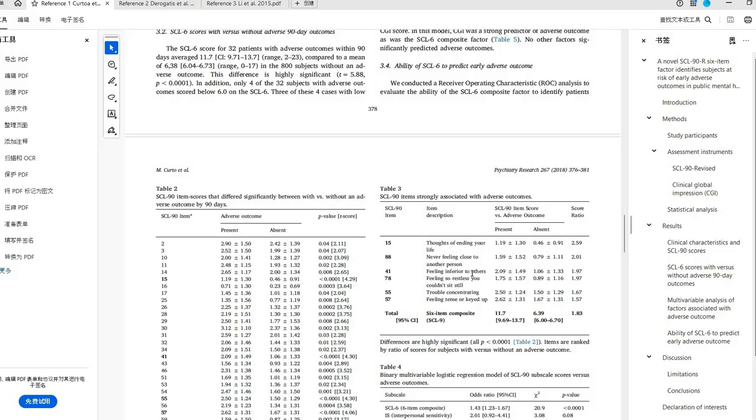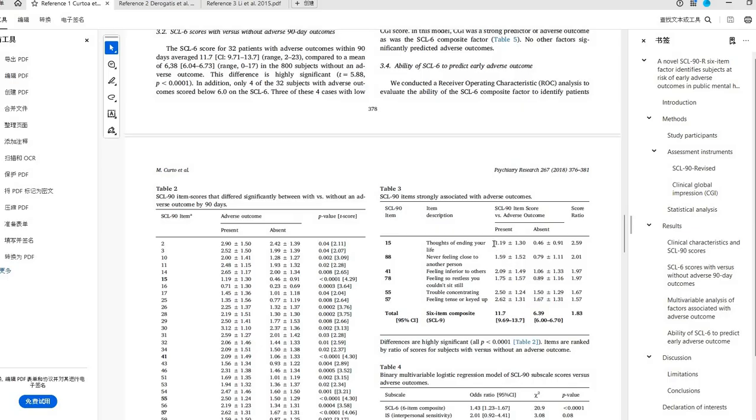Number 41, feeling inferior to others. 78, feeling so restless you couldn't sit still. Trouble concentrating, feeling tense or keyed up. These items differentiate the people with adverse outcome and without adverse outcome.